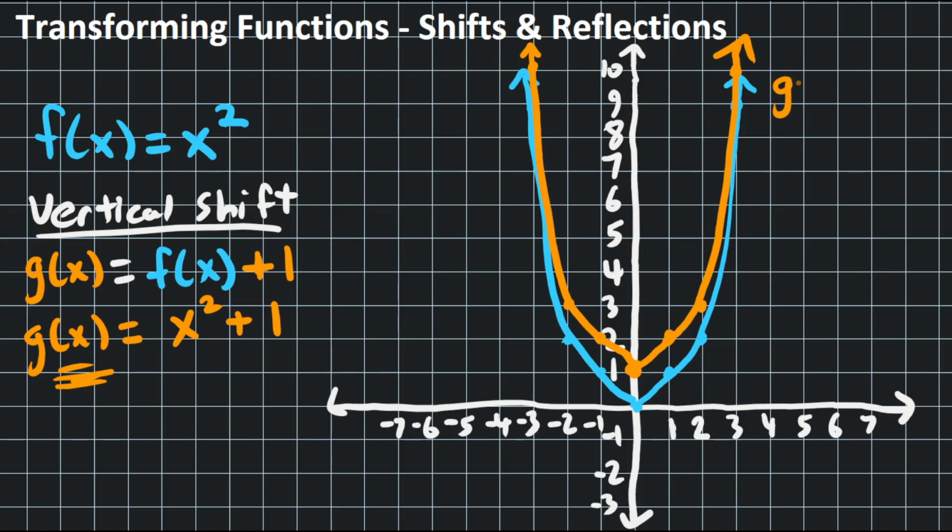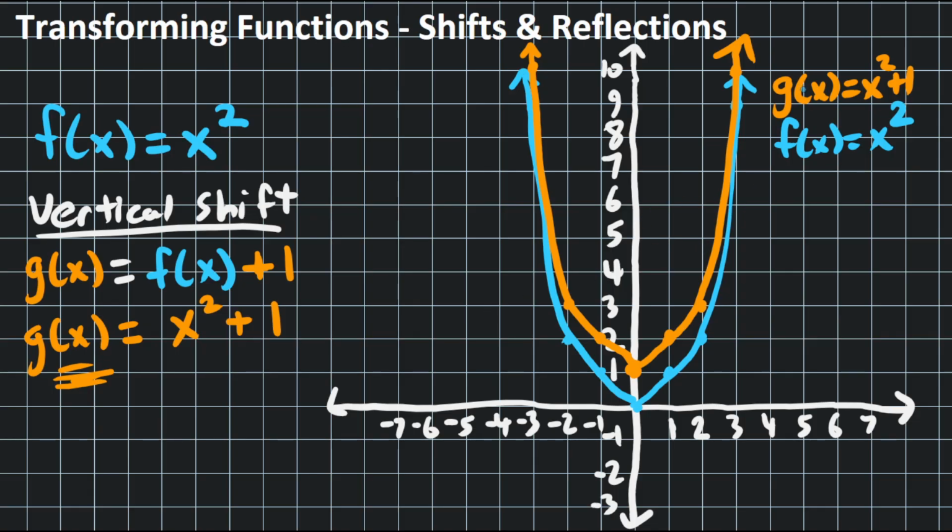The orange one is g of x, which equals x squared plus 1. And then we have the original function f of x, which just equals x squared. So as you can see, g of x, the one in orange, it's just f of x, but it's shifted up by 1. We have done a vertical shift, so it's gone up the graph by 1.